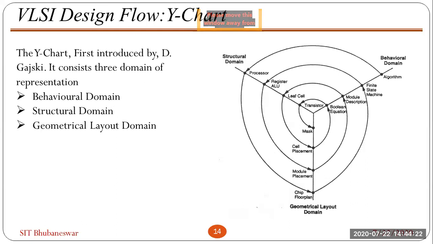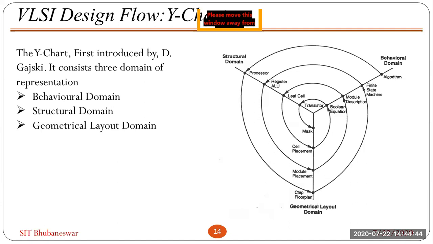Suppose it's a combinational cell, a D flip-flop, or a multiplier. The module descriptions will all be described in a hardware description language. And then it's Boolean algebra: at the next level, you do the Boolean algebra of the gates. So this is all the behavioral domain.